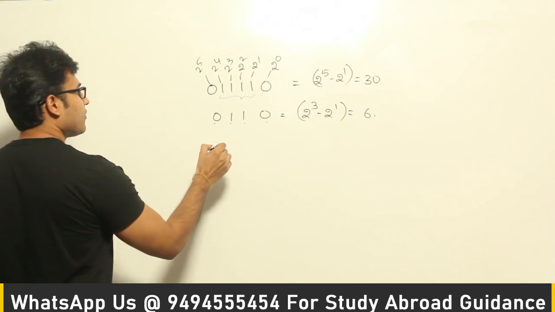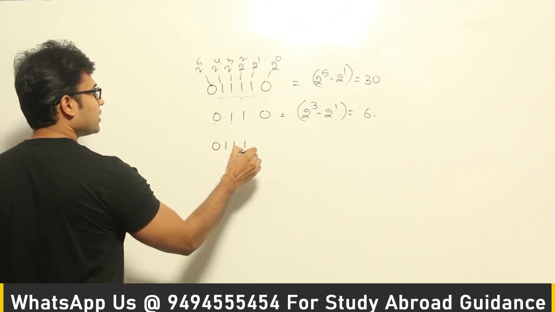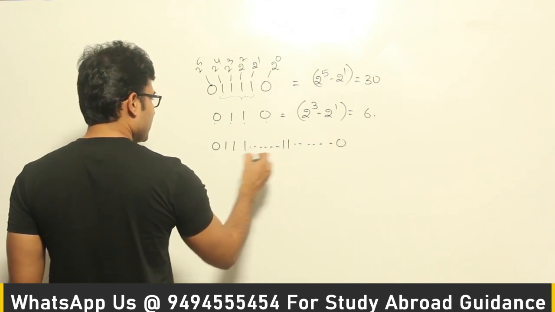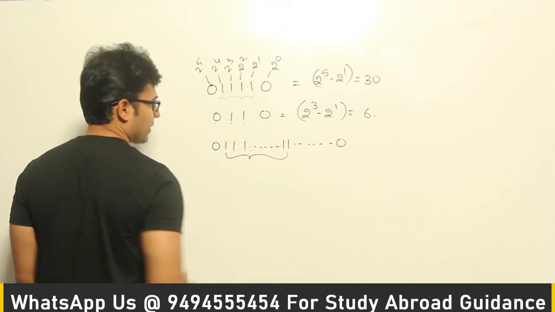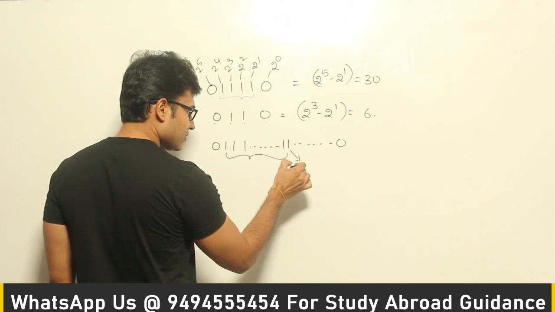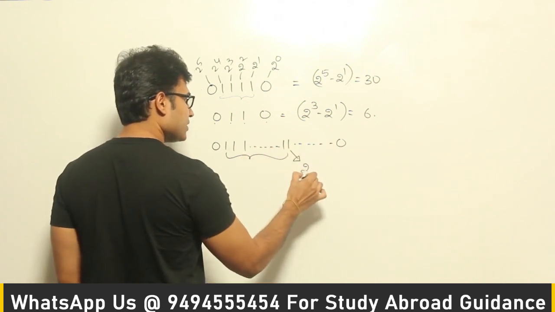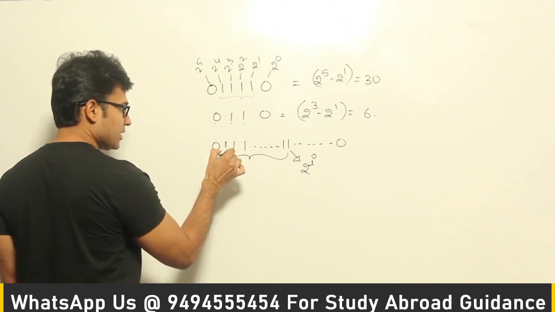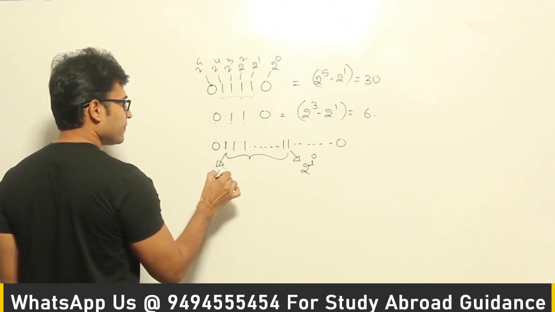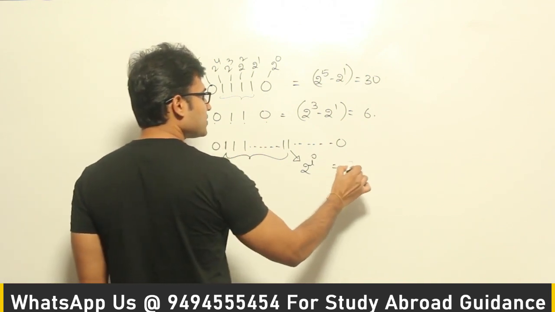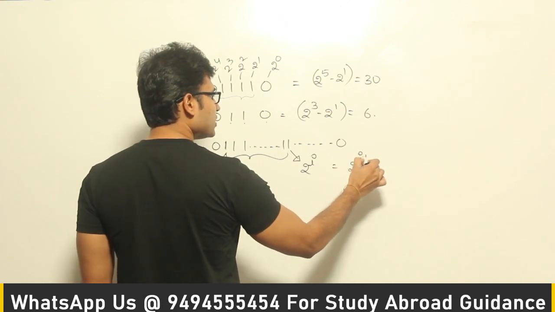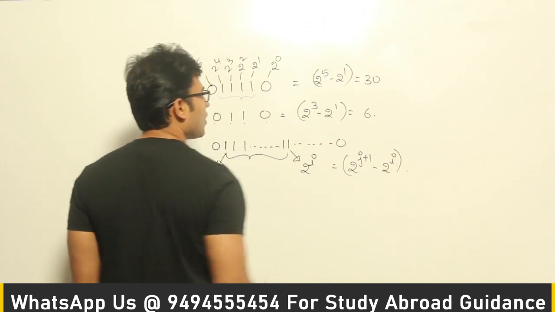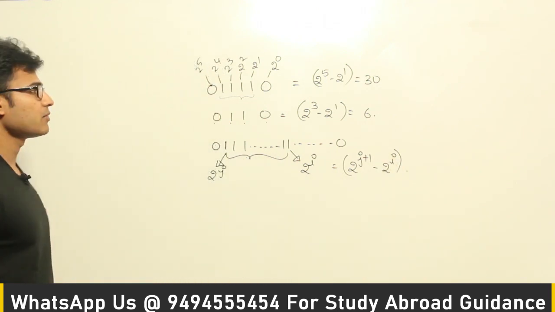So similarly, if we have some 0s, then a block of ones, then some 0s, and the weight of the least significant one in this block is 2 power i, and the weight of the most significant bit in this block of ones is 2 power j, then this number could be written, in general, as 2 power j plus 1 minus 2 power i. So this is the observation on which Booth's algorithm is going to work, right?